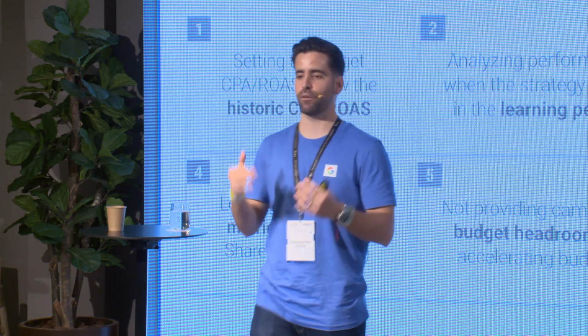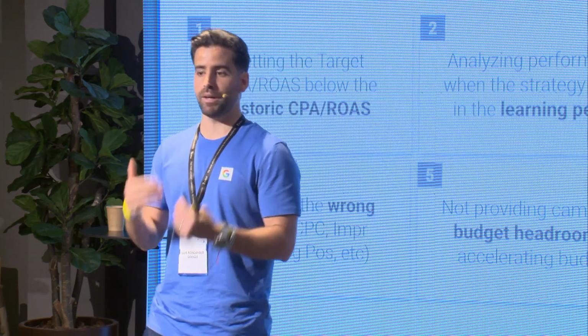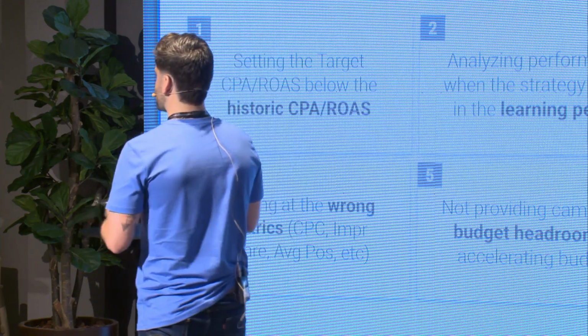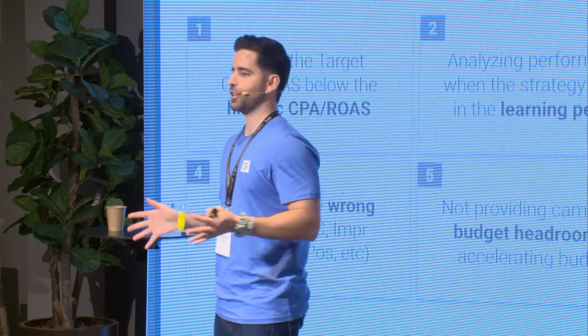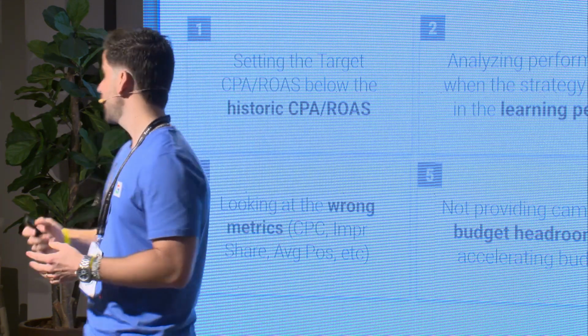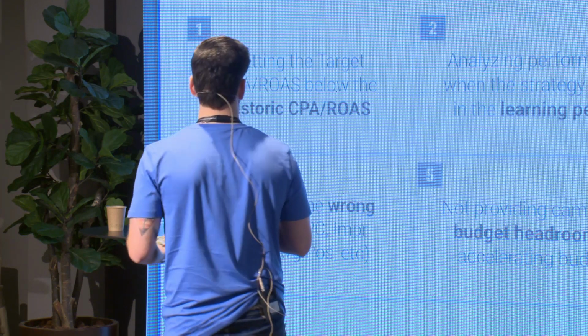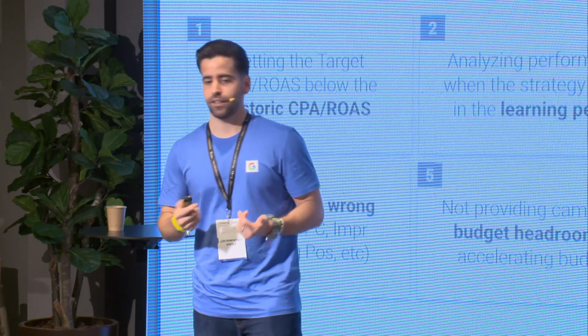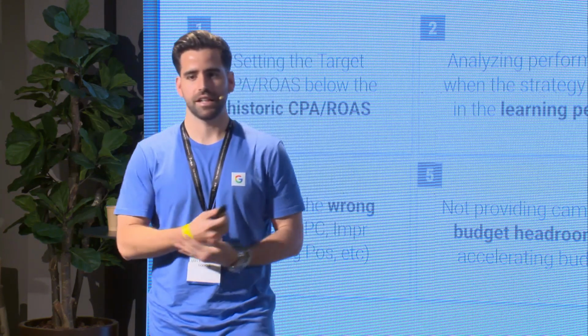But if we start very aggressive with the algorithm, trying to push its limits to see what it does, the end result is that it's not going to consume the budget, okay? And slowly but surely, it's going to stop. So that's the main pitfall, or the first pitfall that we want to avoid. The second is analyzing the results when we are still in the learning phase.